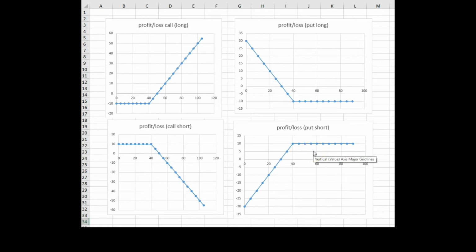If the stock is going up, we can long a call or short a put, because these are profit regions. When we expect the stock going down, we just assume today's stock price is 40. This is the profit region, so we can short a call. Alternatively, we can long a put.